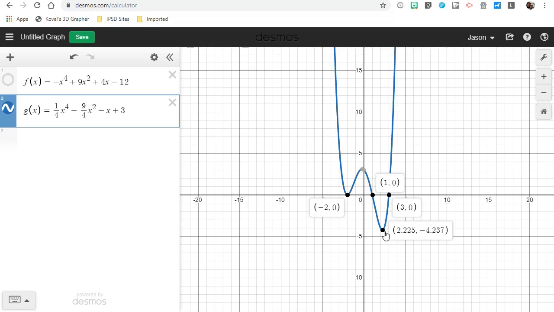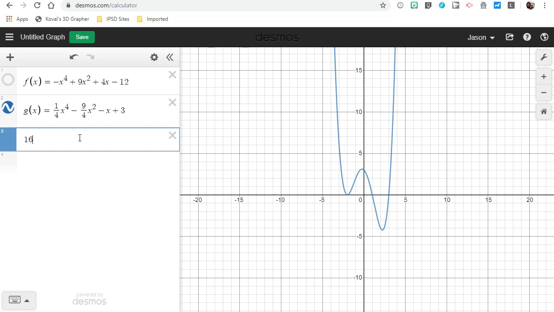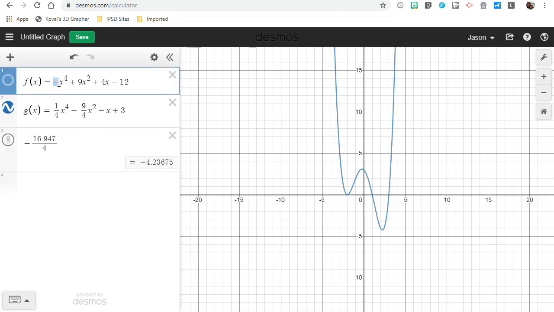And I'm venturing a guess that the y value, if you take the 16.947 and divide it by 4, you end up with 4.237. Again, we round to 3 decimal places here.